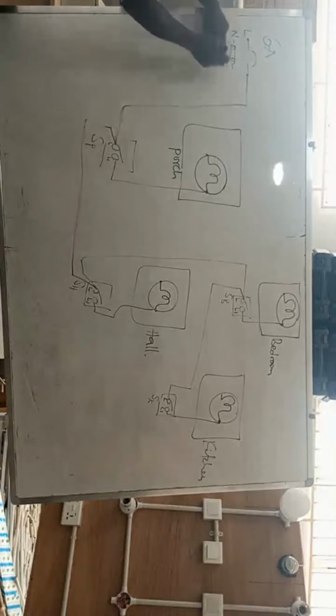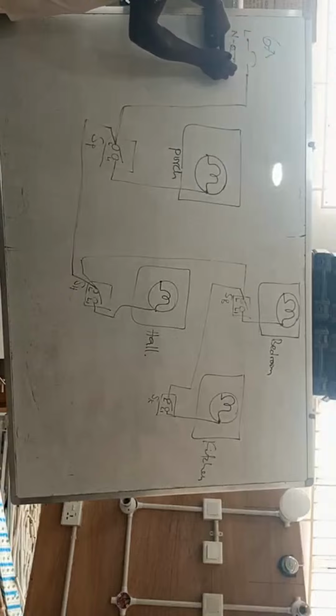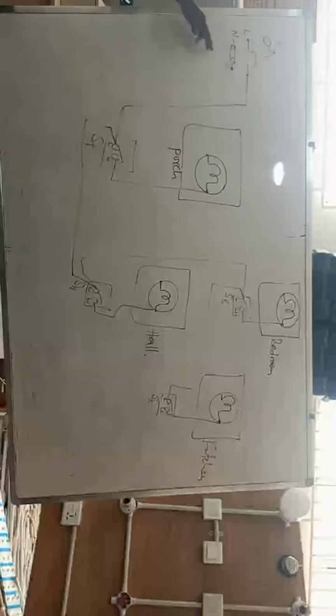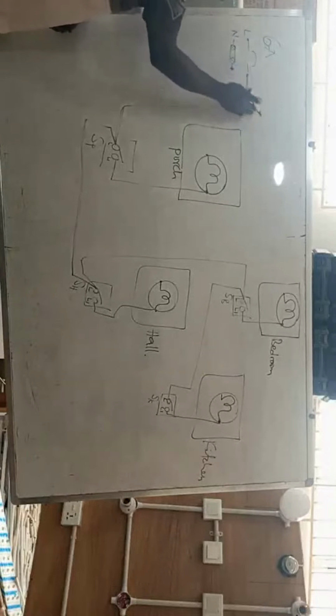So we take a connection from the neutral bar or the neutral terminal in the consumer unit, and then we run it to the remaining terminals of the lamp.